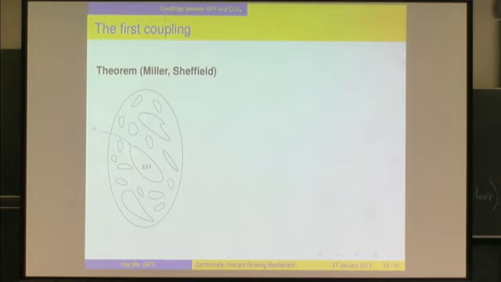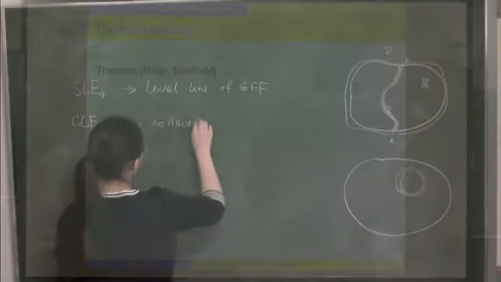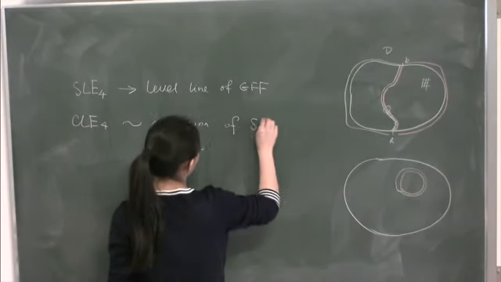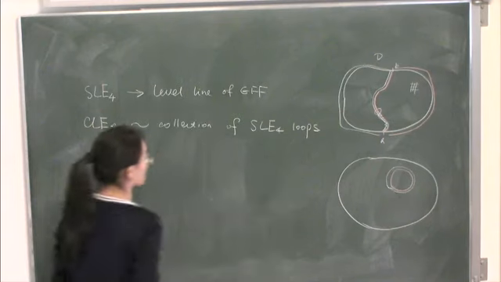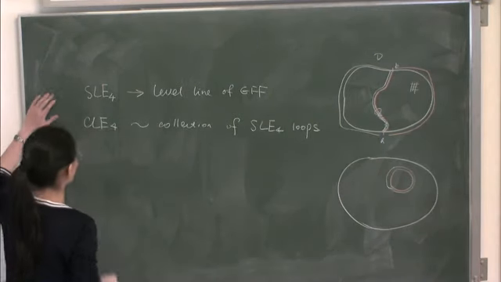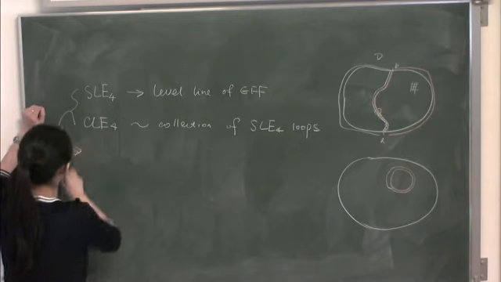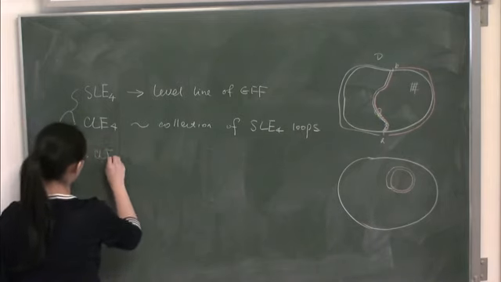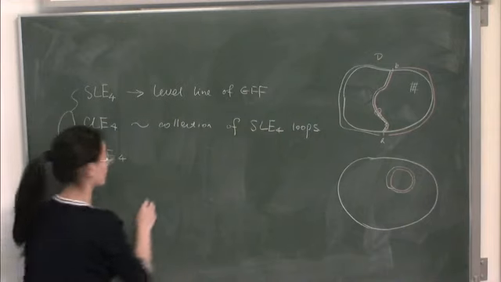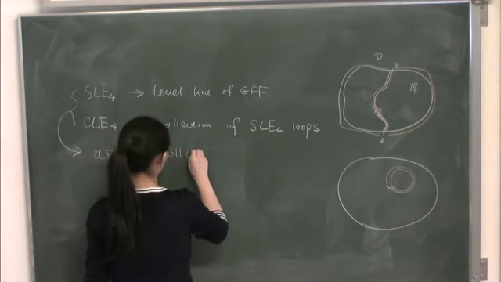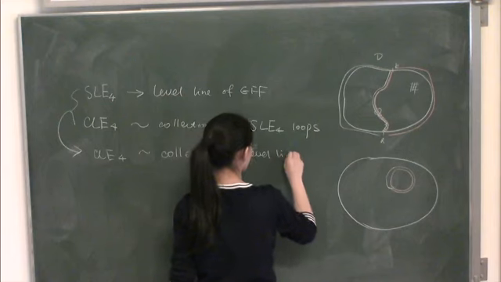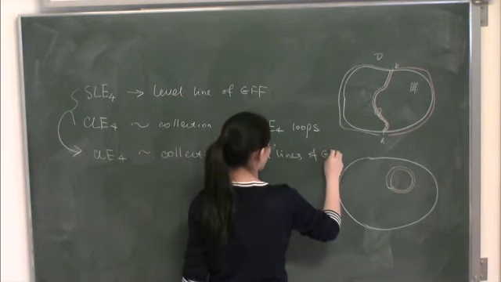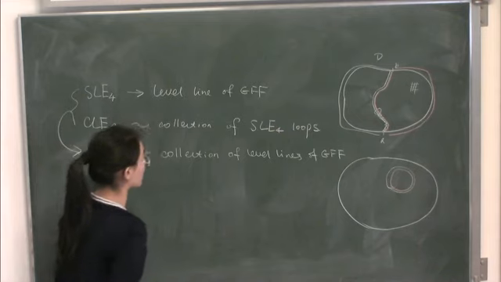And we know that CLE4 is a collection of SLE4 loops. So we can expect that CLE4 should be the collection of level lines of the Gaussian free field. This is the first observation.